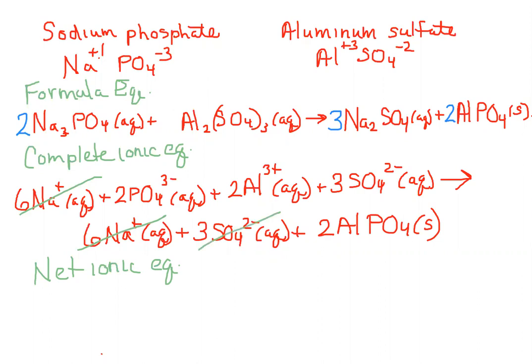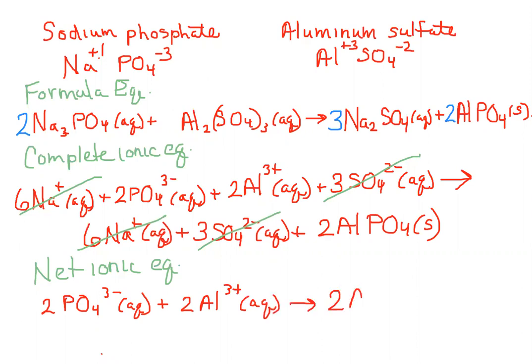So those can cross off, and we can write our net ionic equation as 2 PO4 plus 2Al yields 2AlPO4 solid. And that is your net ionic equation.